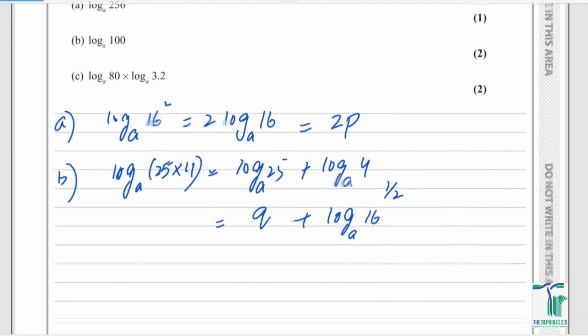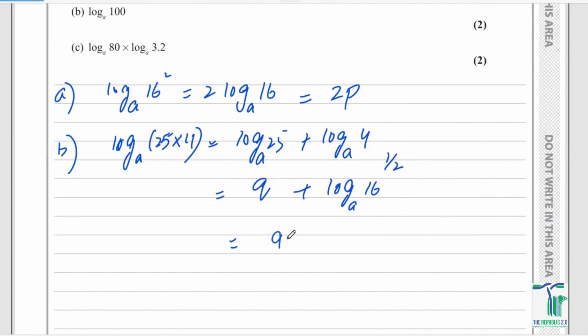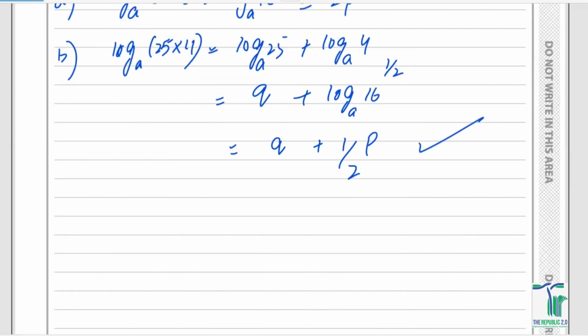And log base a of 16 is p. So it must be q plus half of p. So that is how you're going to go for the B part.